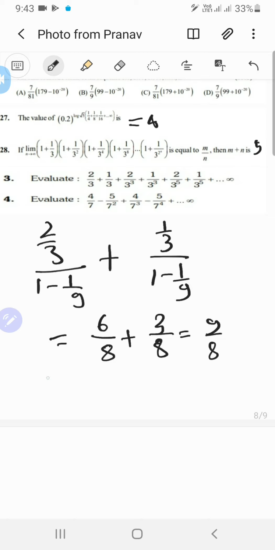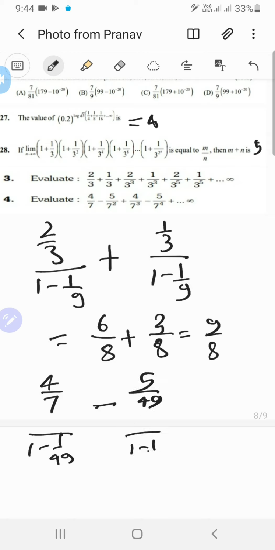Okay, this one, 4th. Right, so 4th is going to be 4 by 7 upon, well, the ratio is 1 by 49, so 1 minus 1 by 49. And then subtract from it 5 by 49 upon 1 minus 1 by 49.